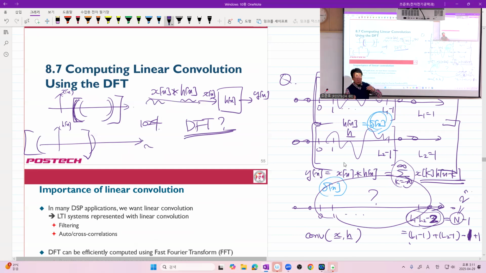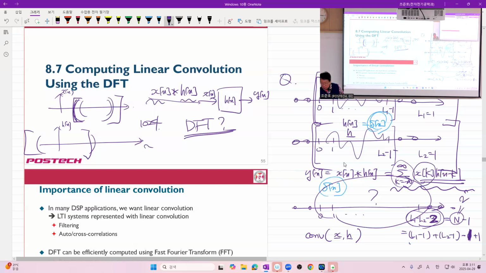Even though we perform DFT on those, and inverse DFT on the product of the two DFTs, as you guess. Because, as you see here, how many complex multiplications in general do you have?